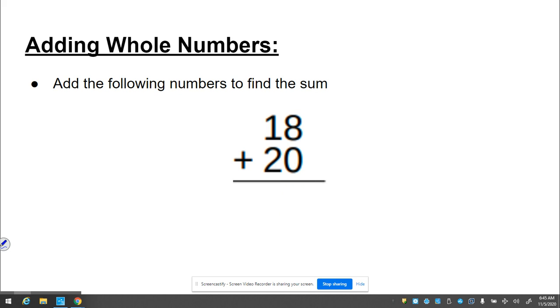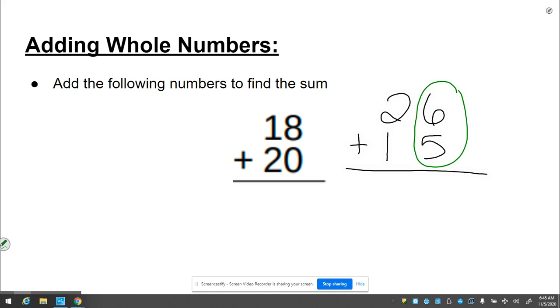I'm going to show you guys one more of these problems here. So for example, if we have 26 plus 15, first thing we do is we add our ones column. So we'll add 6 plus 5, 6, 7, 8, 9, 10, 11.